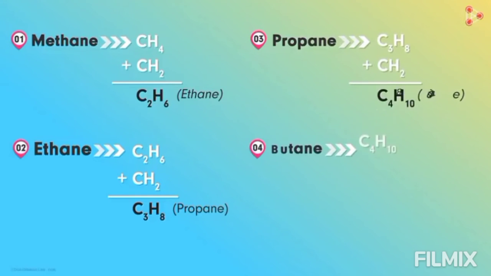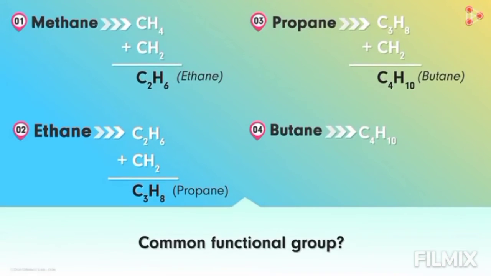Then we add CH2 to propane. C3H8 plus CH2 gives C4H10. C4H10 is butane. And now we add CH2 to butane, C4H10.